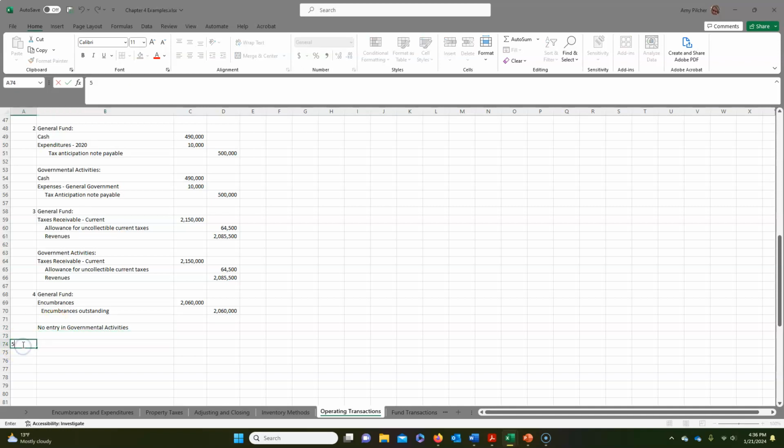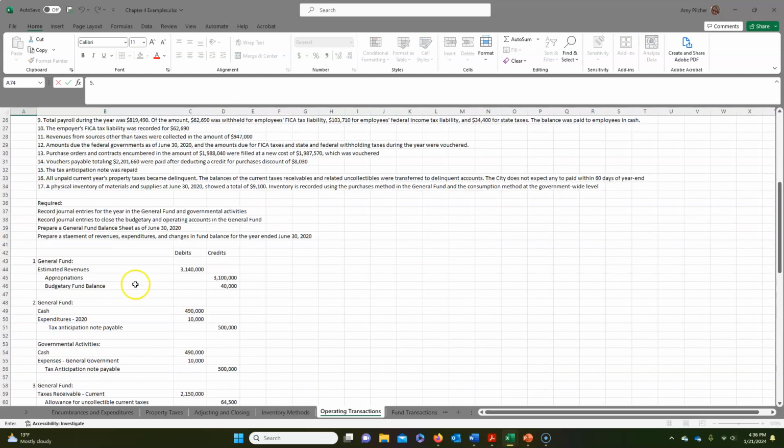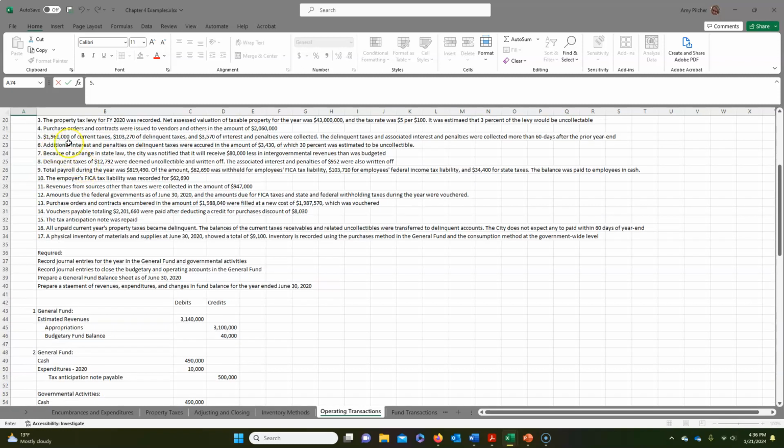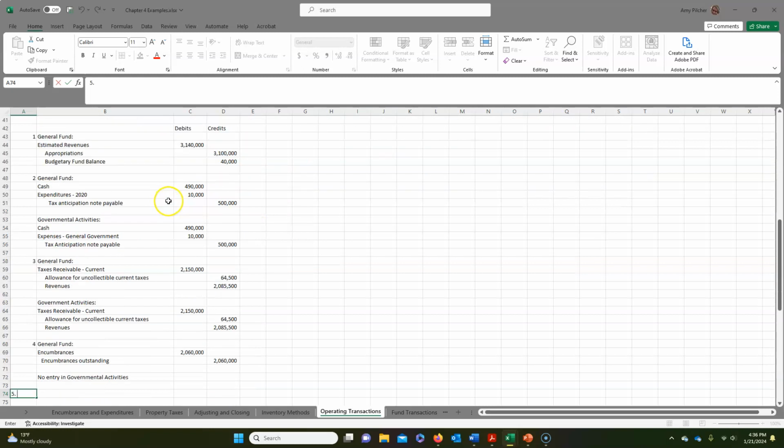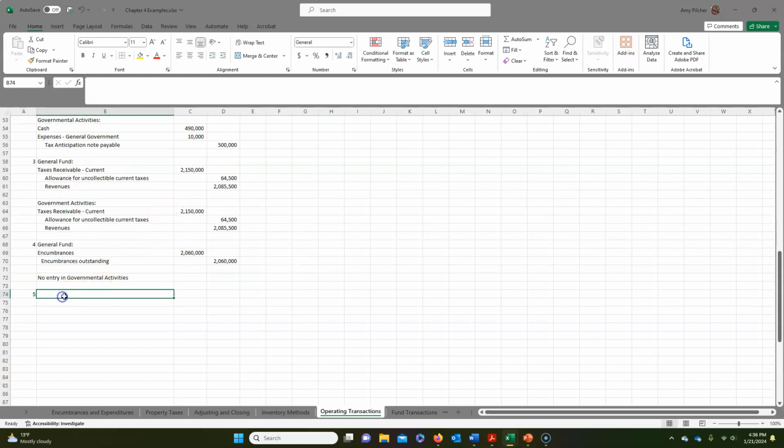Okay, now we're to transaction 5. Transaction 5 says we received current taxes, delinquent taxes, and interest and penalties, and that the delinquent taxes and interest and penalties were collected more than 60 days after the prior year end. So we're going to record that we received cash.